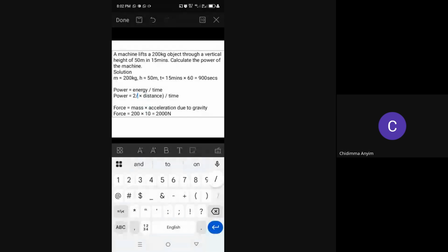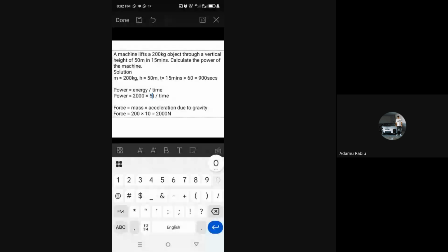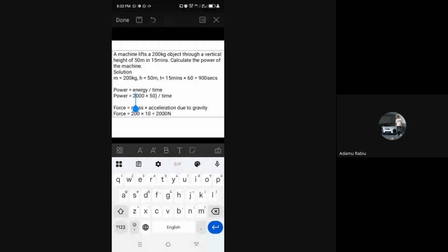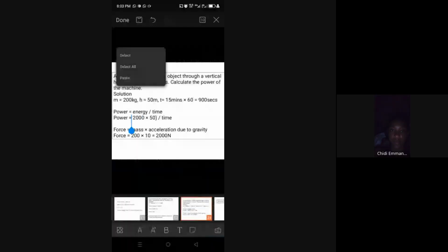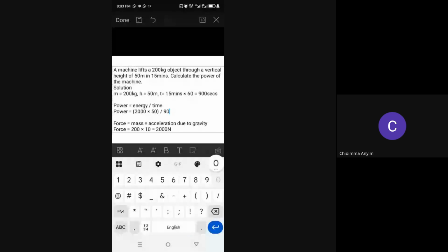I can replace force with 2000 Newton. Distance is what? According to the question, distance is the height, 50 meters. Are you still following me? So time is 900. So that is 2000 times 50 over 900.